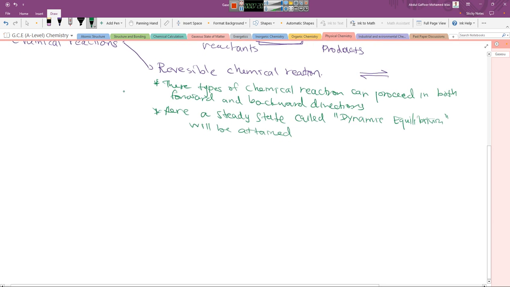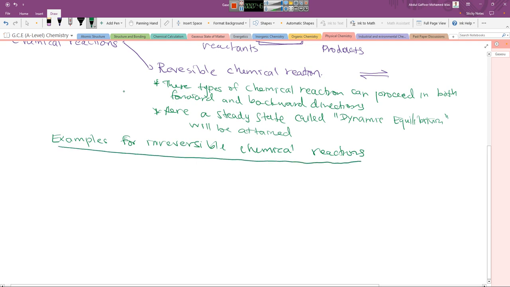Anyhow, let me give you some example equations for reversible chemical reactions in order to make you familiar with them as well. Examples for reversible chemical reactions. One instance that we have come across during our journey is the dissociation of weak acids and weak bases.